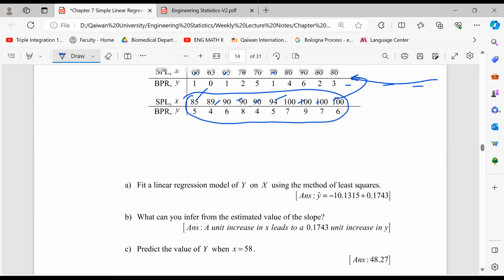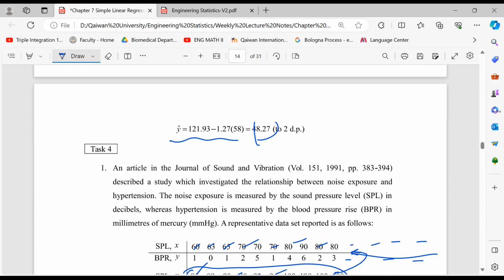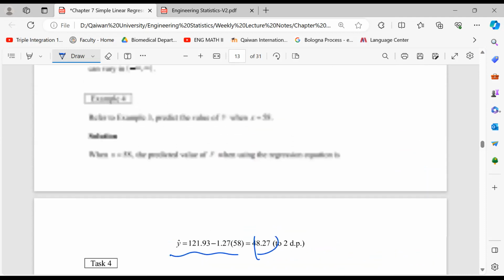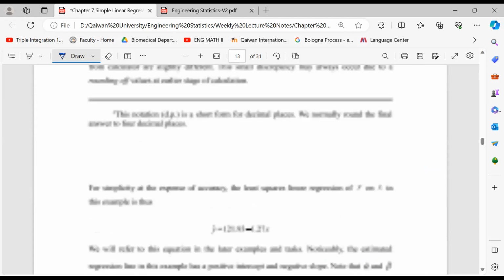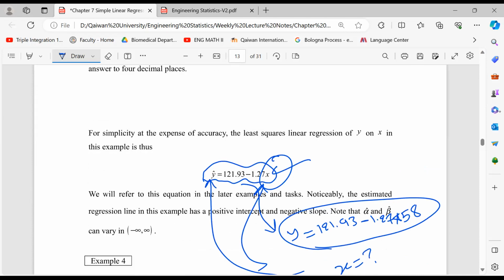Now, after finding the linear regression equation, look, this is our linear regression equation in the previous example. We said that y hat is 121.93 minus 1.27x. What are these numbers in the linear regression equation? What are these values?